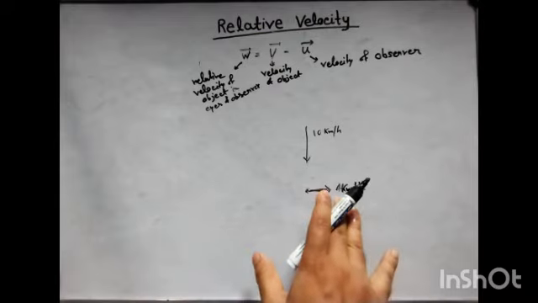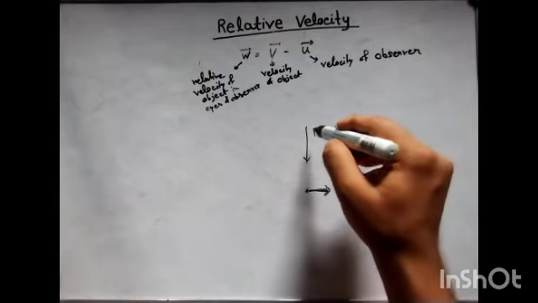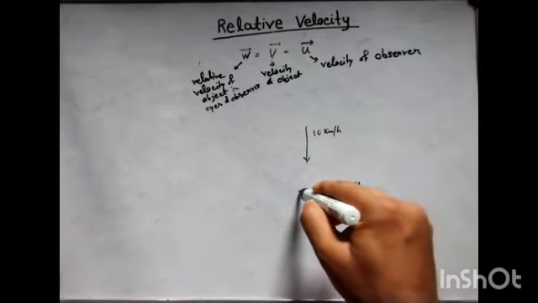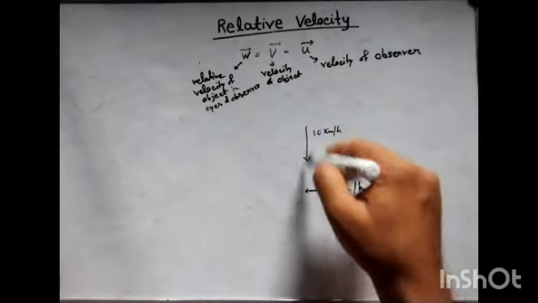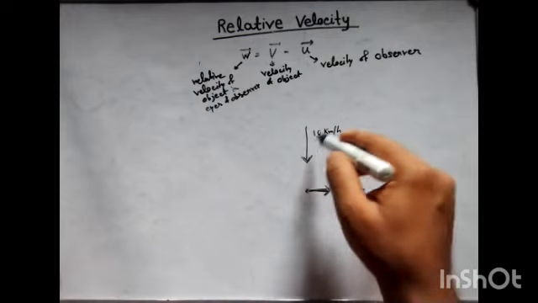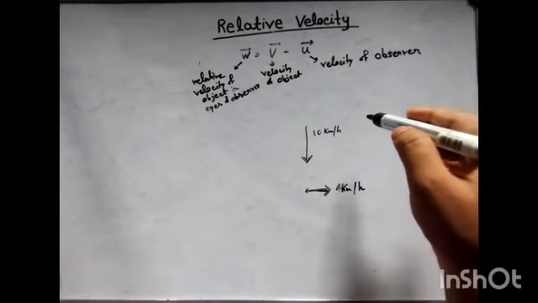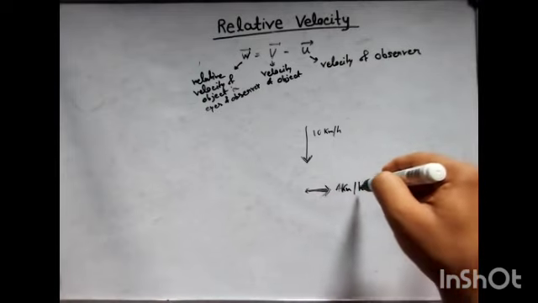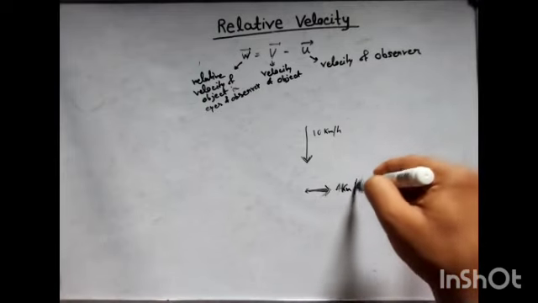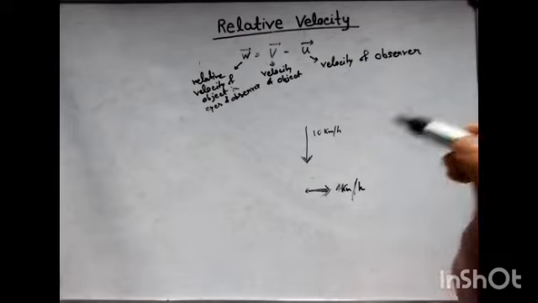Okay, what this man will see? Suppose we are standing still here and we see that the rain is falling directly downwards with 10 kilometer per hour speed. Now this man is moving with 4 kilometer per hour speed. Suppose he is cycling.